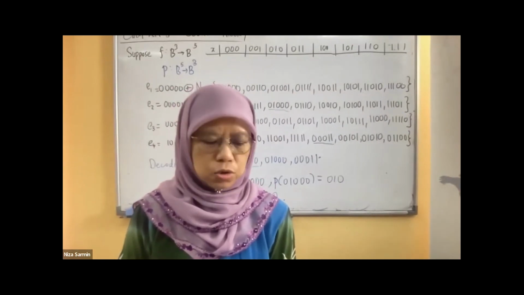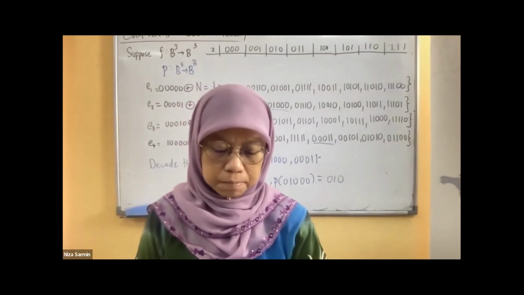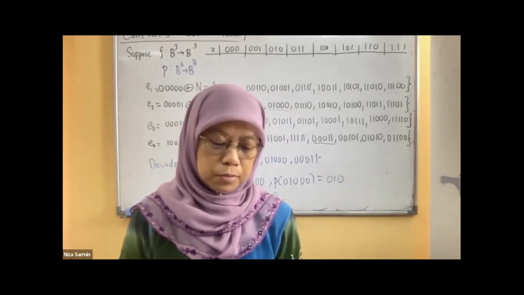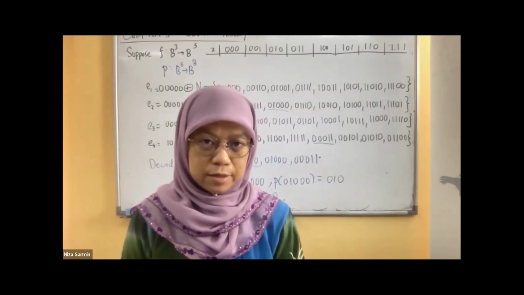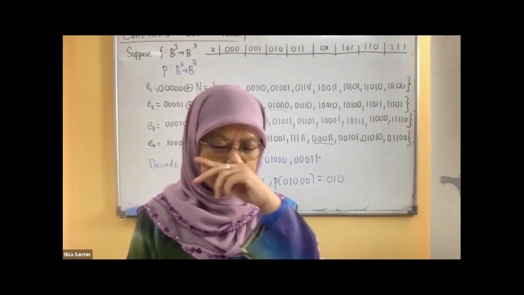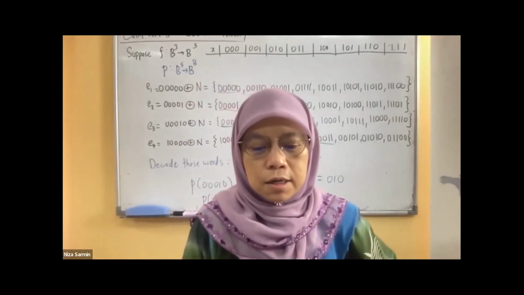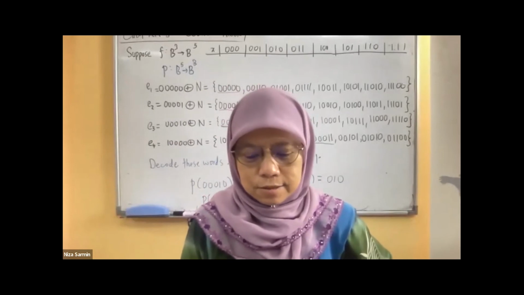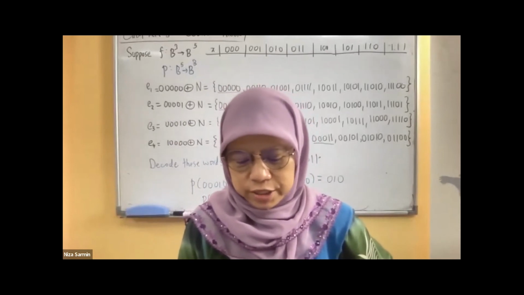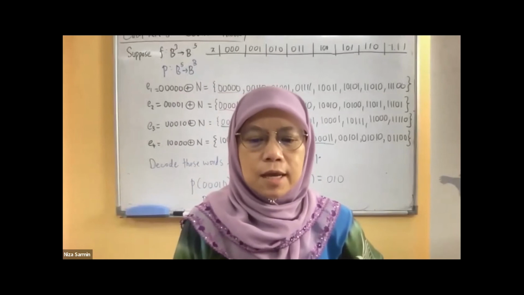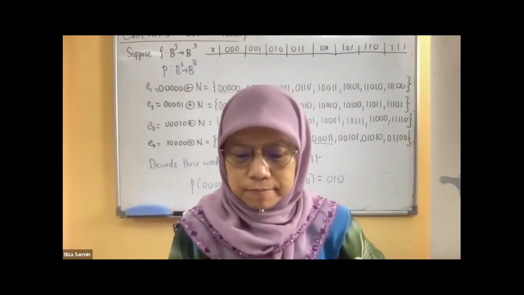I have one or two other examples that you can go through because it's pretty straightforward. And you can do all of the questions in the exercise of coding theory.